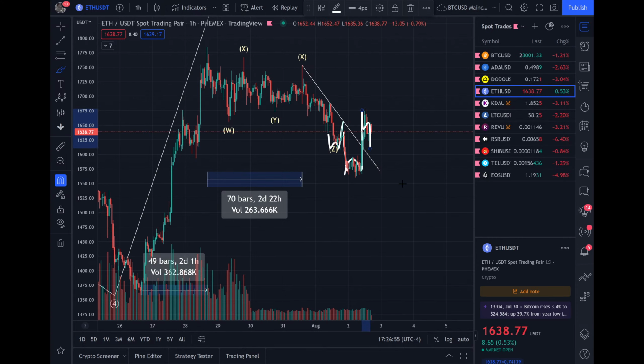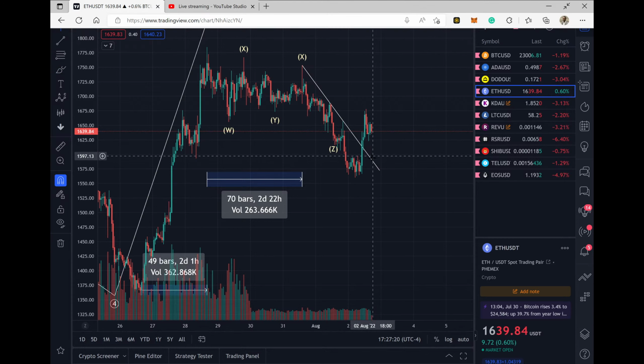This is your last degree, your second degree of the B wave, okay? And then a move up and out, which would form some sort of inverse, what do you call it, head and shoulders, right? Inverse head and shoulders, okay?